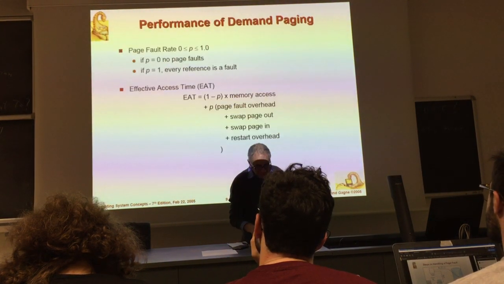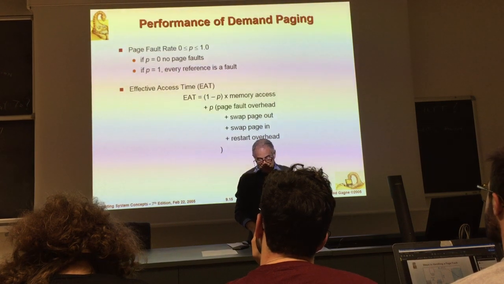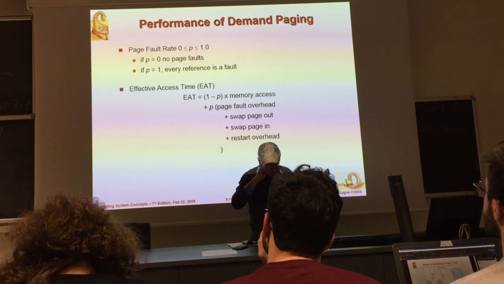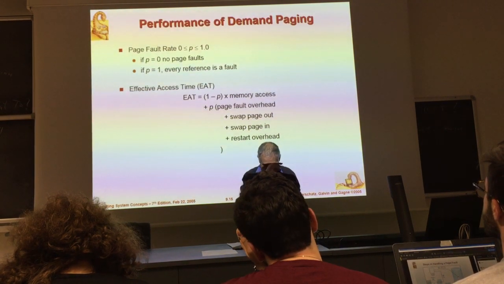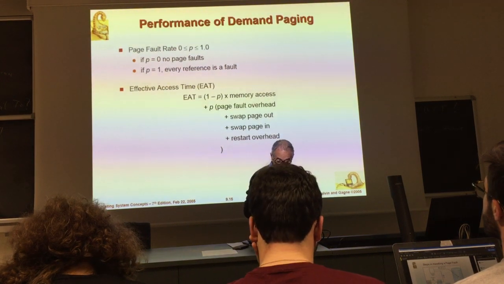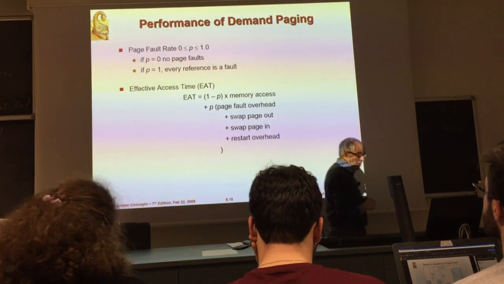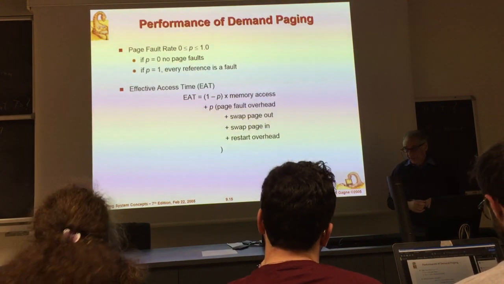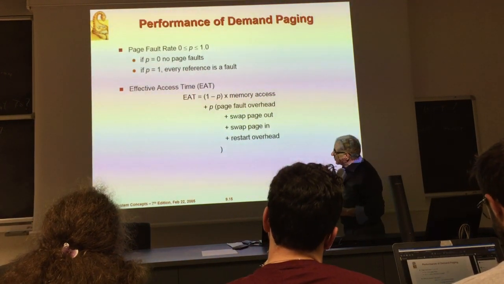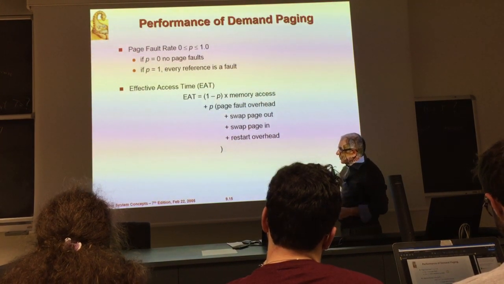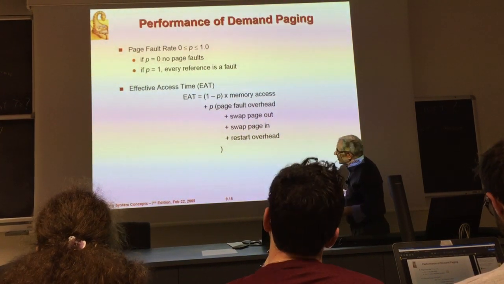So performance, as we did with the cache memory and the buffer cache: the performance of demand paging depends on the frequency of page faults. If you don't have page faults, you run at the speed of memory, of the cache memory.